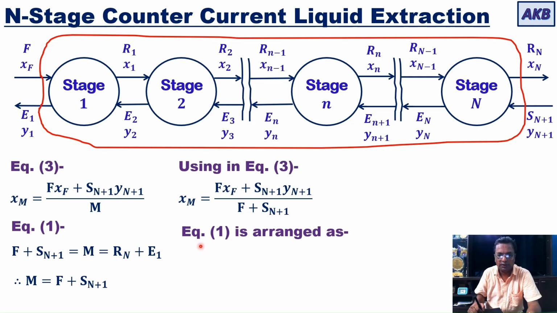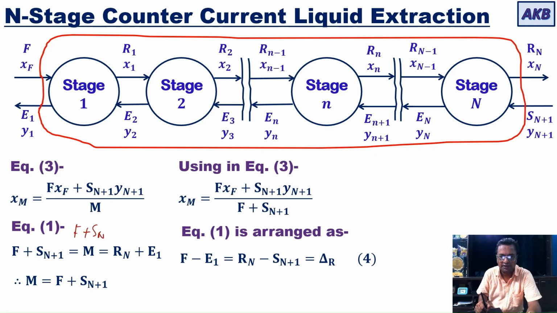Now equation 1, you can arrange it in a different way. So this is equation number 1. Now I will arrange it like this. The equation is F plus Sn plus 1 is equal to Rn plus E1, equation 1.